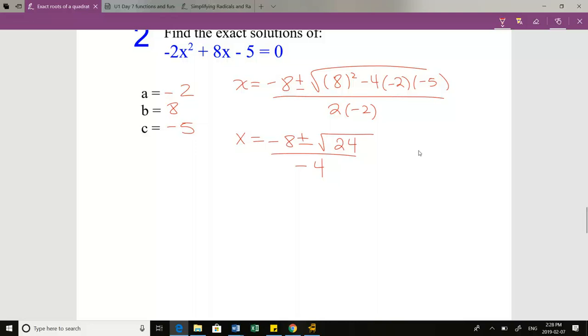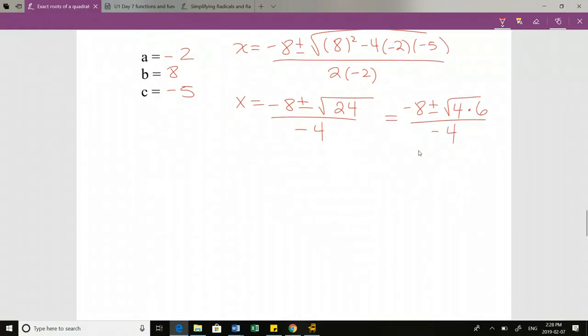Okay, now we're going to reduce this 24. So we need to know, what is the biggest perfect square that divides into 24? 9? Okay, 4. 4 and 6. Yeah, 4 times 6 is 24. Yep. You're testing me, right?